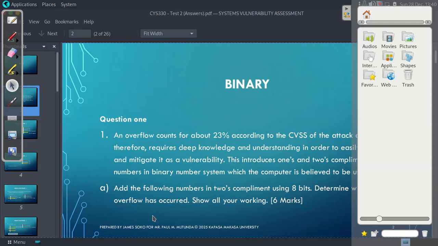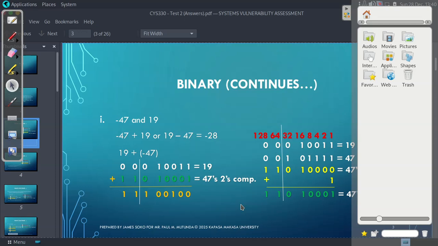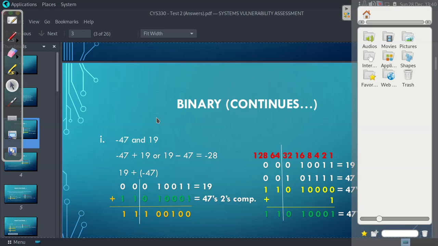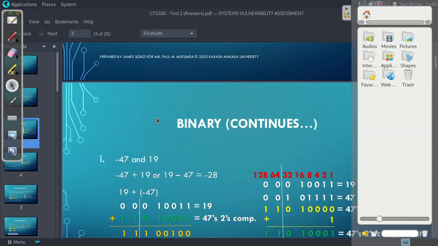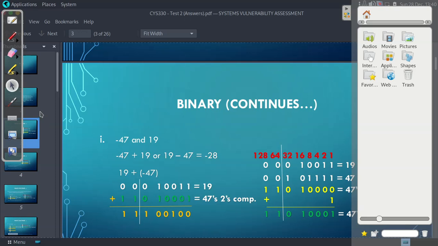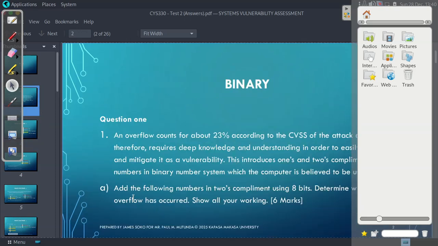Since our question is talking about adding these 2 numbers, which numbers have we been given? The first question is we're adding negative 47 and 19. Look at the question. The question is saying add those 2 numbers using what? 2's complement.